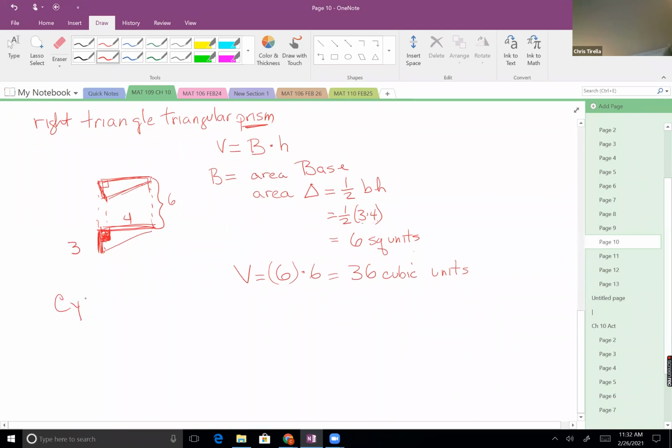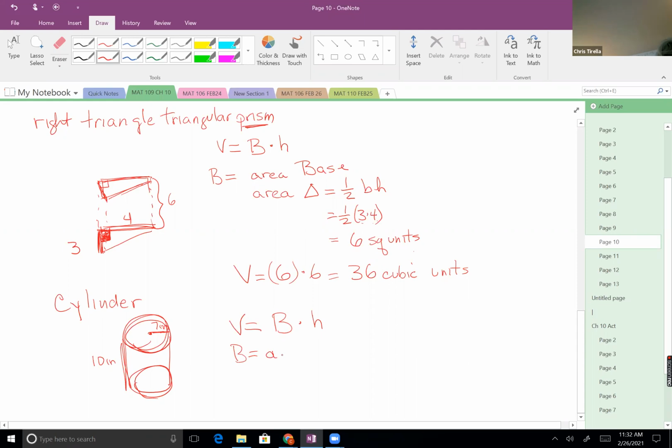Instead, if I have a cylinder, the top and bottom are circles. And so let's say that our cylinder has a radius of 7 inches and a height of 10 inches. The volume, because the two bases are the same in parallel planes, the volume is the area of the base times the height.